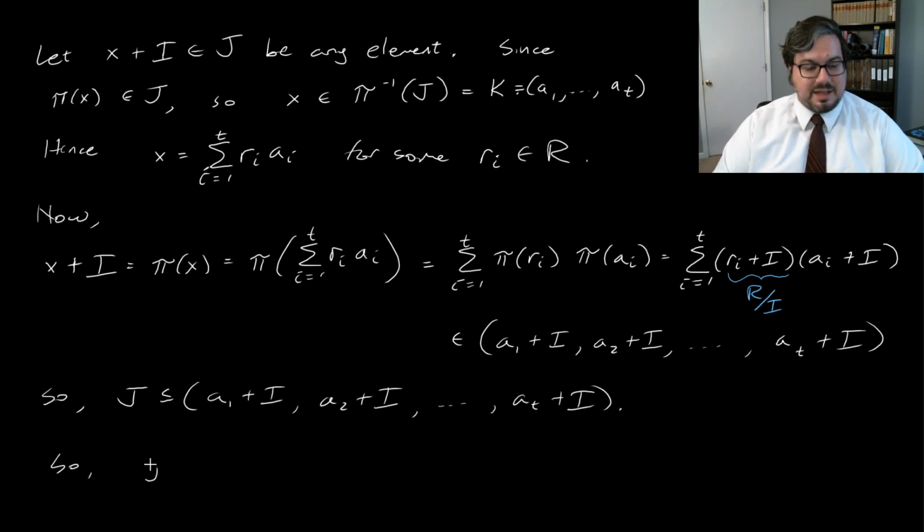So that means that J is equal to the ideal generated by A1 plus I, A2 plus I, up through AT plus I.